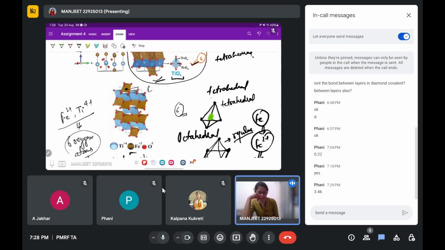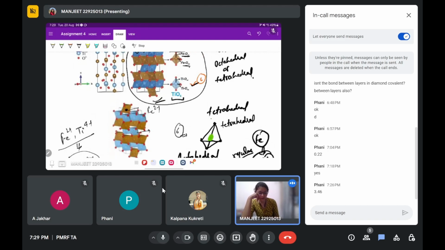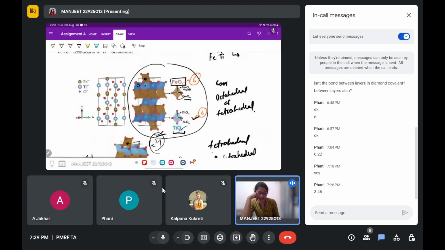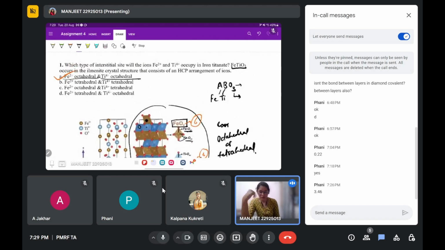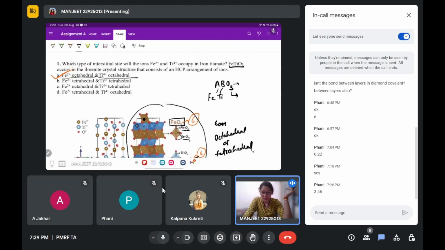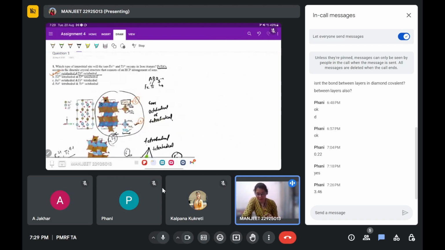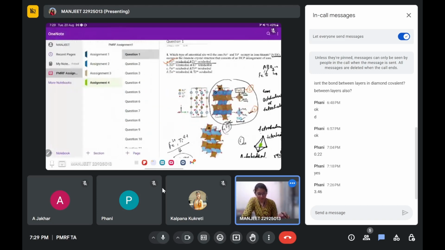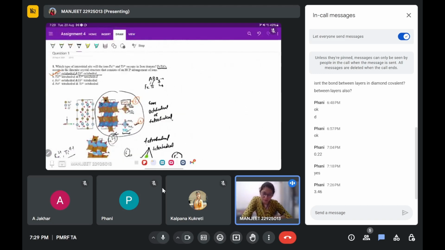So your Fe2+ and the Ti4+, both are forming six oxygen neighbours at the octahedral position. Now for this, you have to know in the ABO3 structure where A and B occupy the positions.